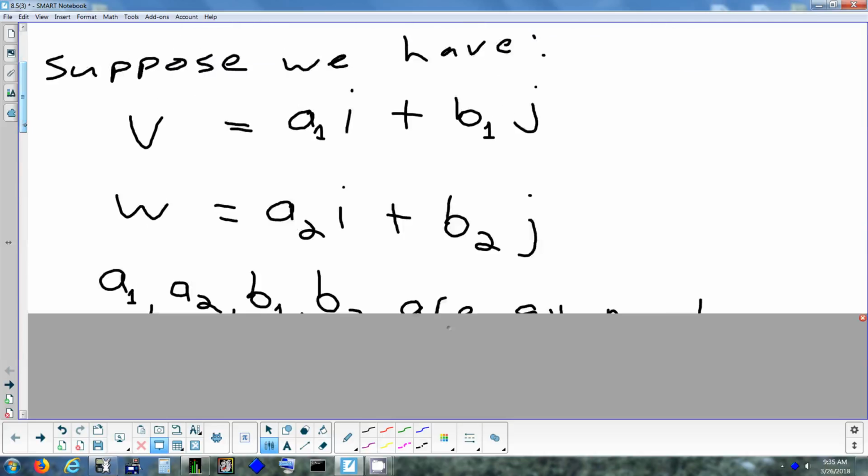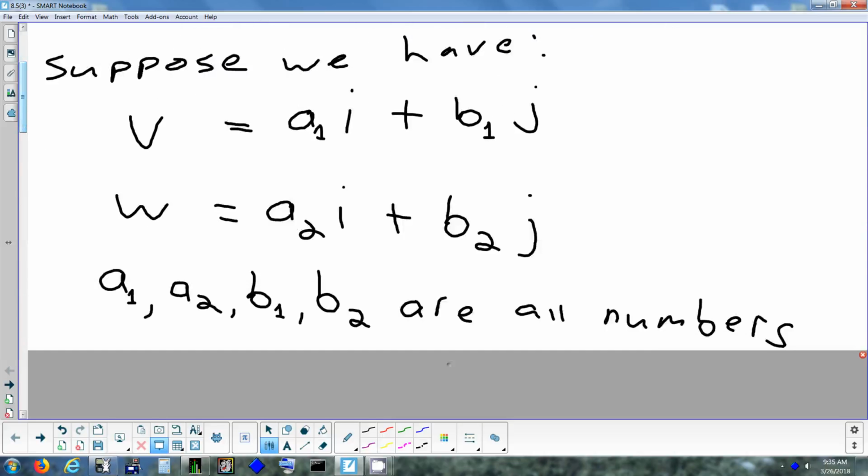Okay, I'm going to show you the formula for the dot product right now. So in unit vector notation, you would have two vectors. The A's and the B's would all be numbers.